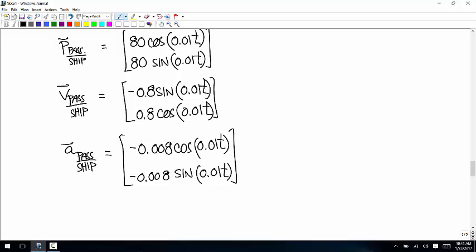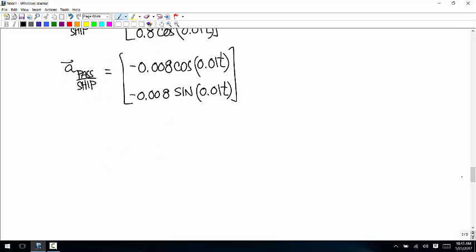And that's the acceleration that's measured by the camera on the ship. It's not inertial. And now we can use what we know about the ship's motion relative to the ground to figure out the acceleration of the ship relative to the ground.